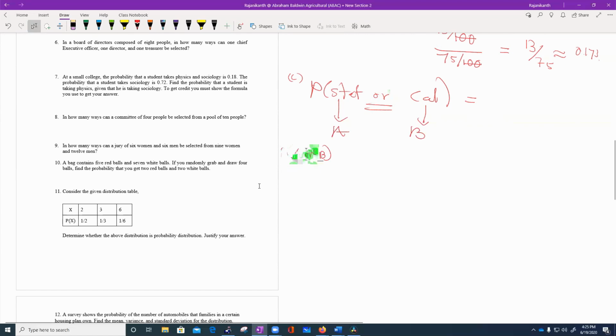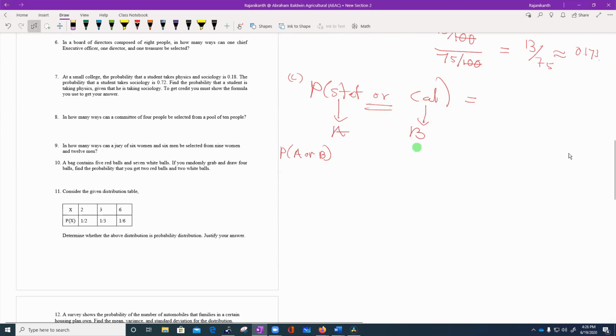Look at your note. The first rule for A or B is mutually exclusive. Ask yourself, you are choosing one student. Is it possible for that student to be studying both of them at the same time? Yes, it is possible. Therefore, these two events are not mutually exclusive. Therefore, you have to use the second addition rule. Rule number 2 for not mutually exclusive event A or B.